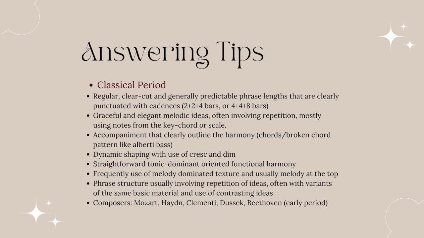There is little dynamic shaping with the use of crescendo and diminuendo. A straightforward tonic dominant oriented functional harmony. A frequent use of melody-dominated texture and usually melody at the top. A phrase structure usually involving repetition of ideas, often with variants of the same basic material and use of contrasting ideas. Some composers from the Classical period are Mozart, Haydn, Clementi, and Beethoven early period.